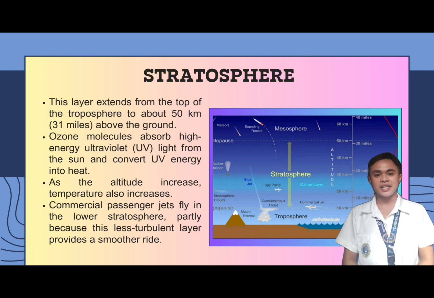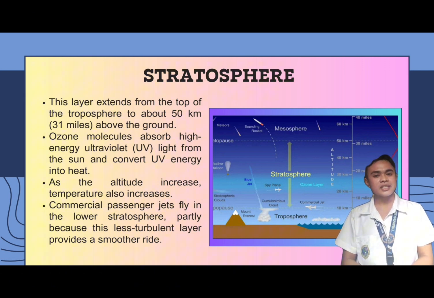The stratosphere extends from the top of the troposphere to about 50 kilometers or 31 miles above the ground. The infamous ozone layer is found within the stratosphere, which protects life on Earth by absorbing harmful ultraviolet radiation from the sun.